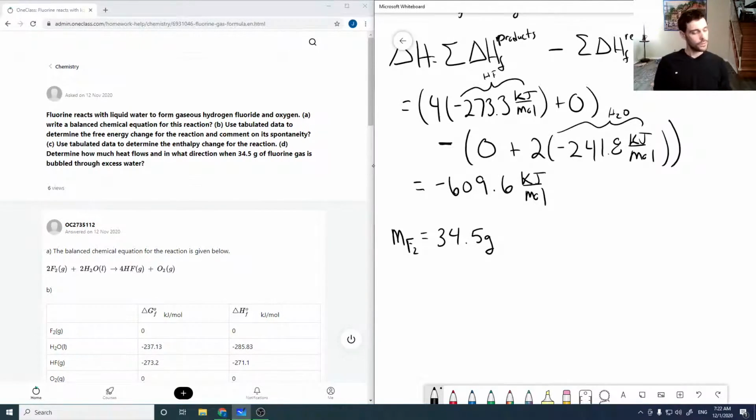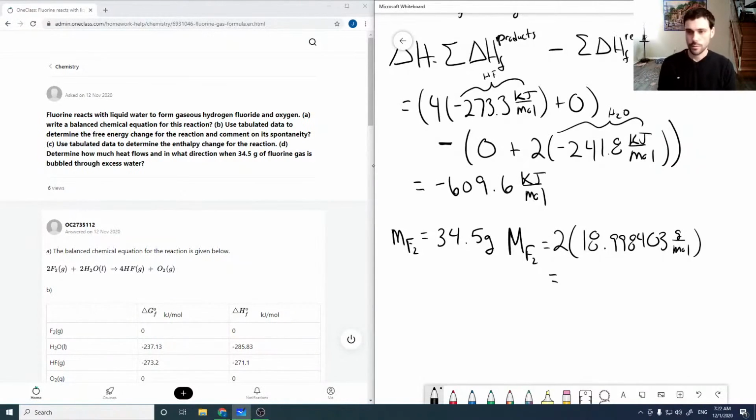Okay, so to answer this, we need to solve for the moles of fluorine that this corresponds to. So we need our molar mass. So our molar mass of fluorine is 2 times 18.998403 grams per mole, which is equal to 37.996806.